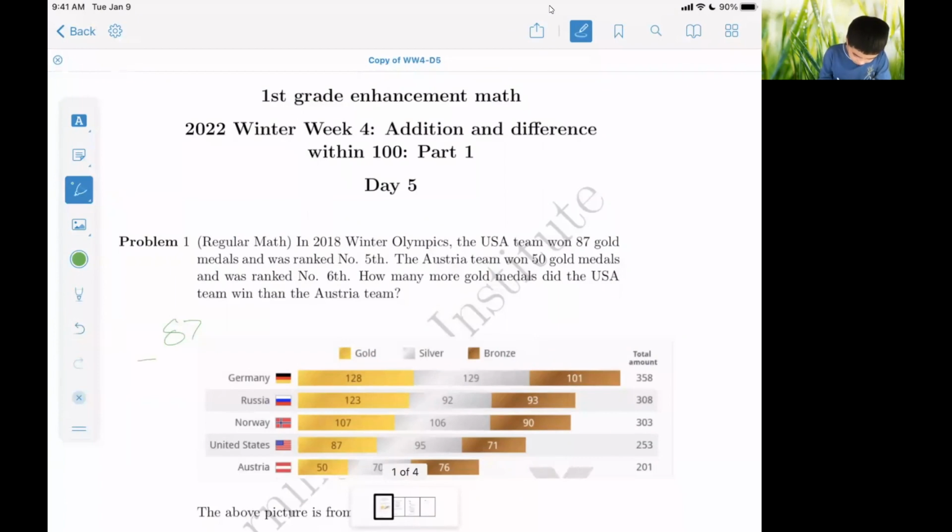Austria won 50. We use 87 and subtract 50 from it. So 7 minus 0 equals 7. 8 minus 5 equals 3. So the USA team won 38 more gold medals than the Austria team.